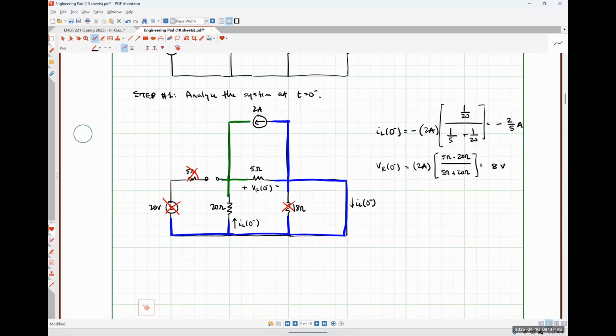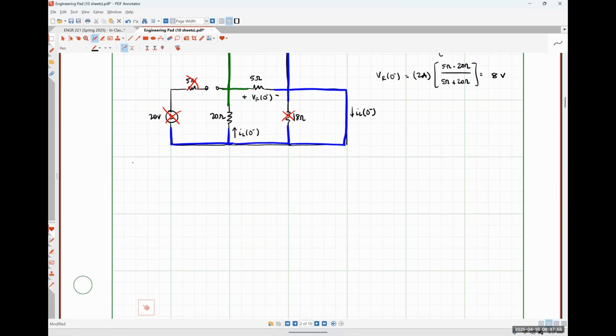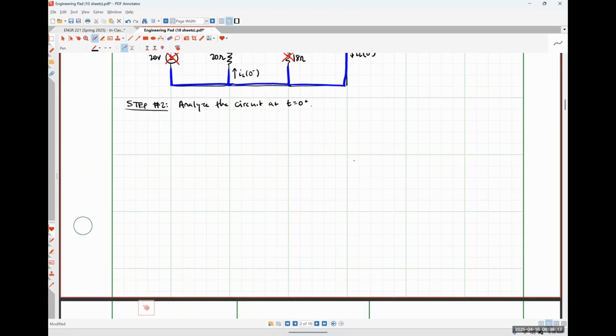All right, so any questions, comments, or concerns about the analysis that we did here at 0 minus? Okay. So step 2, we're going to analyze our circuit at 0 plus. So at t is equal to 0 plus, our switch is now closed. So our circuit should look something like this.